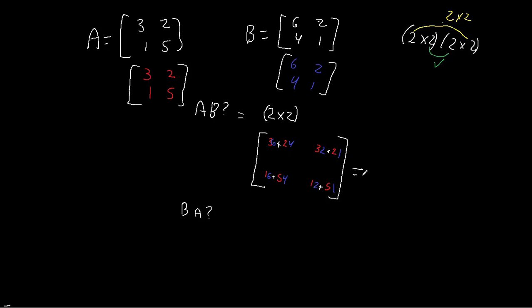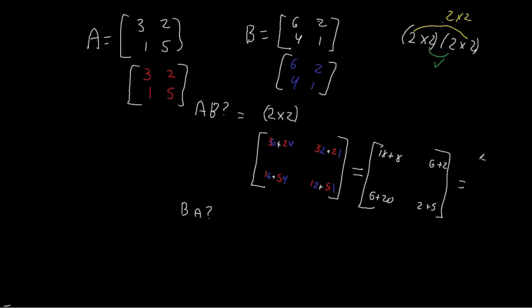So if we do the math on that, I'm skipping over a little bit. 3 times 6 is 18 plus 8. 3 times 2 is 6 plus 2. 1 times 6 is 6 plus 5 times 4 is 20. 1 times 2 is 2 plus 5.